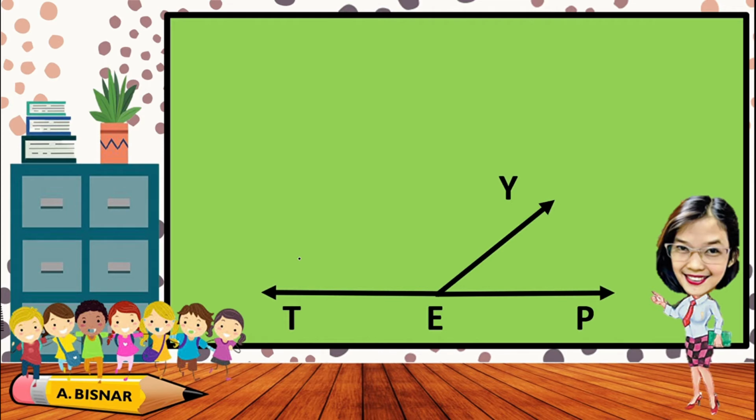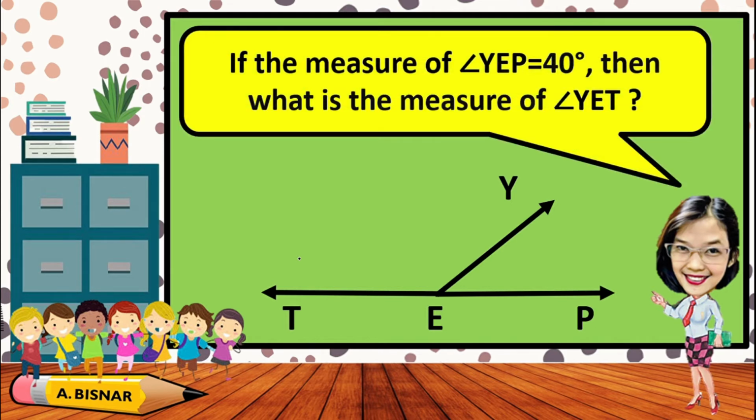Well, how about with this one? If the measure of angle YAP is 40 degrees, then what is the measure of angle YEP? That's correct. The measure of it is 140 degrees. And how did you get that?